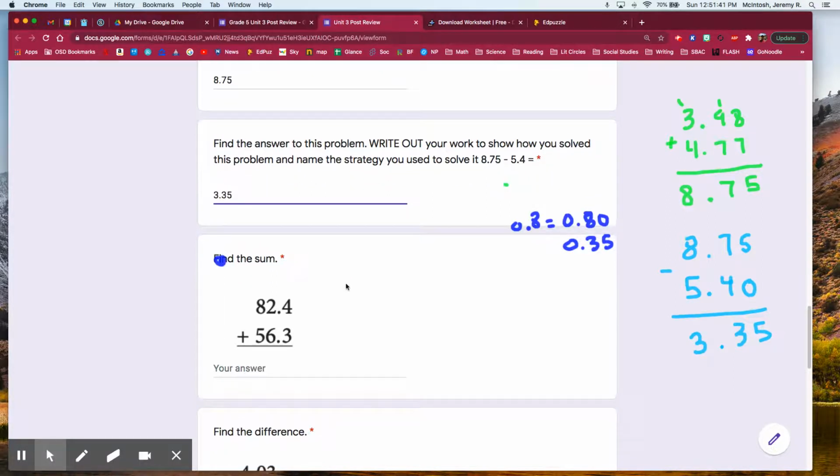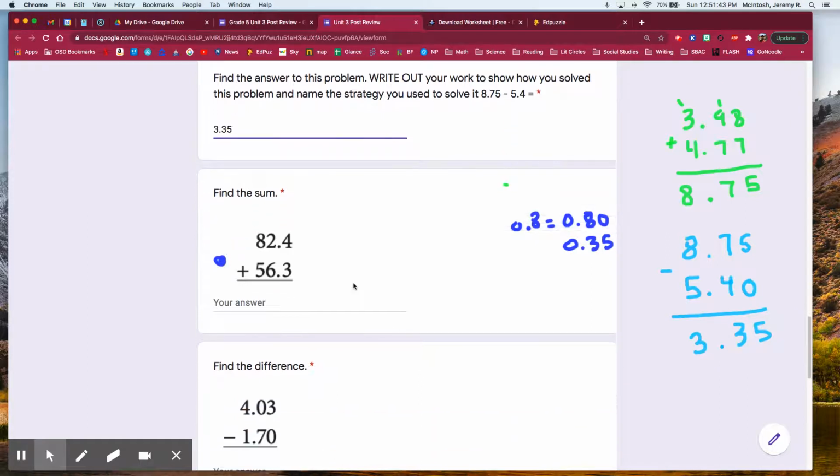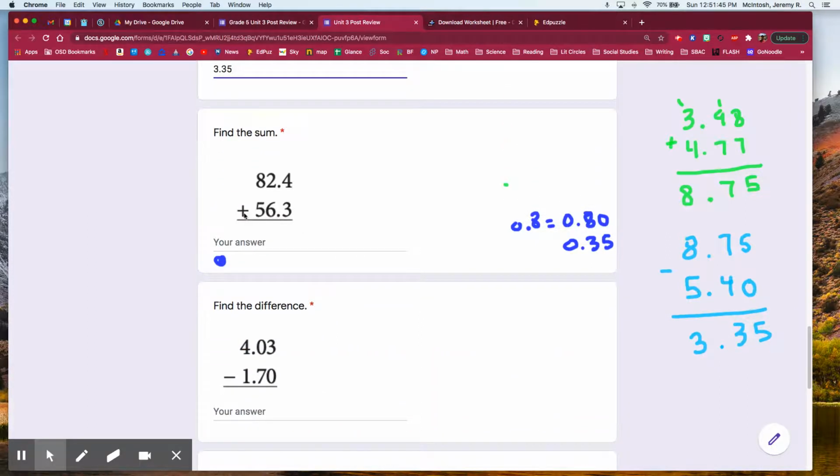Okay. Find the sum. Moving on. Remember, sum just means the answer to an addition problem. So we're just going to add these up. 4 plus 3 is 7. 2 plus 6 is 8. 8 plus 5 is 13.